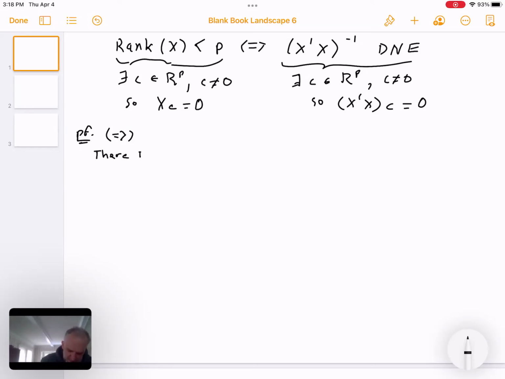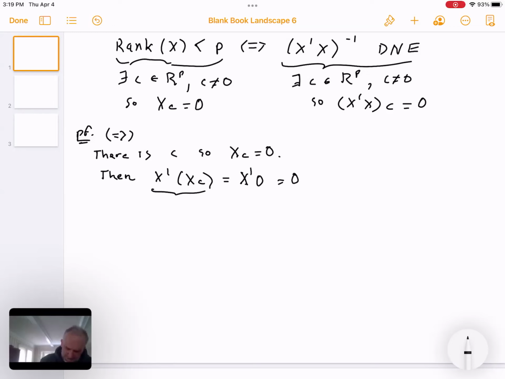So XC equals 0, right? That's the assumption. Then I can take X prime times XC, which is X prime times 0, which is equal to 0.